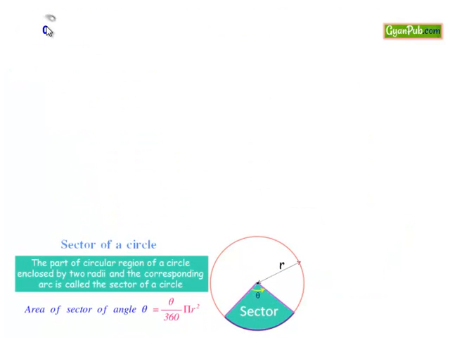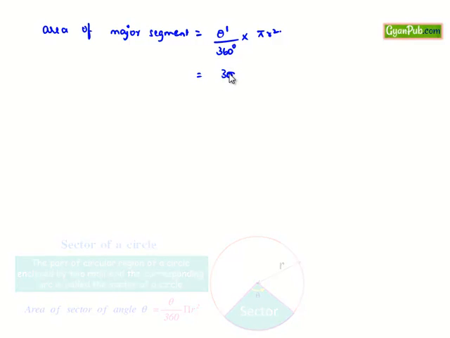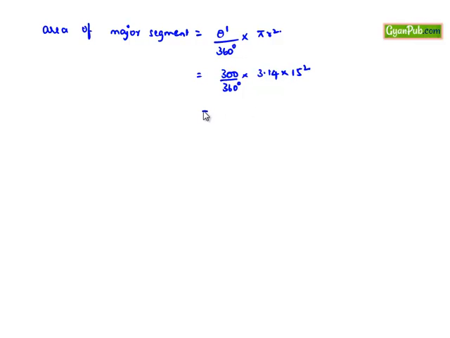Therefore, the area of the major segment is theta dash, which is subtended by the major segment at the center, theta dash by 360 degrees into pi r square. That is equal to 300 degrees divided by 360 degrees into pi, whose value is 3.14, into radius square, 15 square. Here 300 goes in 5 times and 360 it is 6 times.